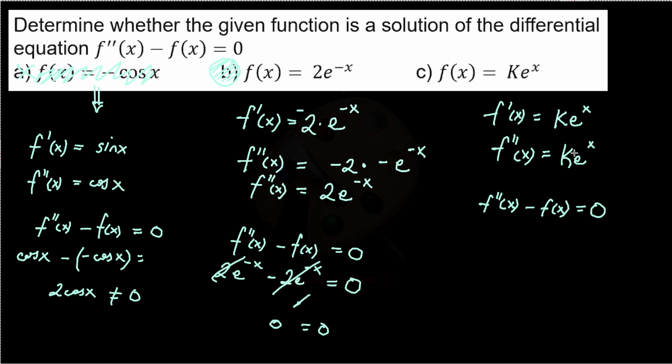So f double prime of x, ke^x, minus f of x, ke^x. Does this equal 0? Yes, it does. So these two were solutions, B and C, and they're of a similar form. There's this negative x here. Other than that, if it said positive x, this would be a subset of this one, since ke^x is for any k. But they're similar, and nonetheless, they're both solutions to this differential equation.